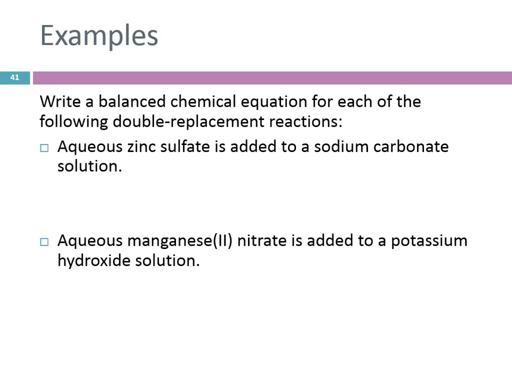We're going to have two ionic reactants. So we've got zinc sulfate and sodium carbonate. And for these, we do need to indicate state symbols. So underneath, we're going to write the formulas for the ions. Zinc sulfate, zinc is a 2+ ion, sulfate is a 2- ion.